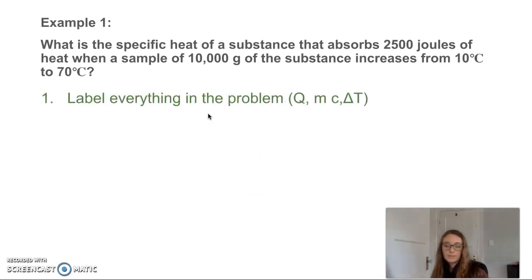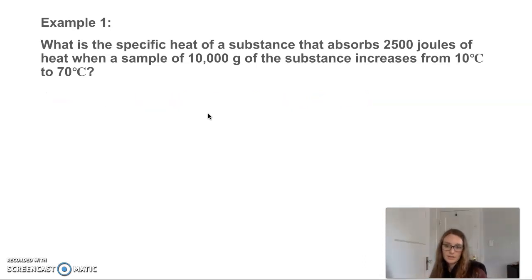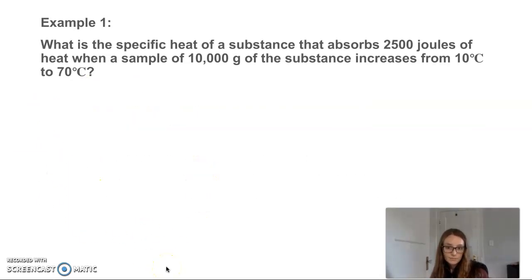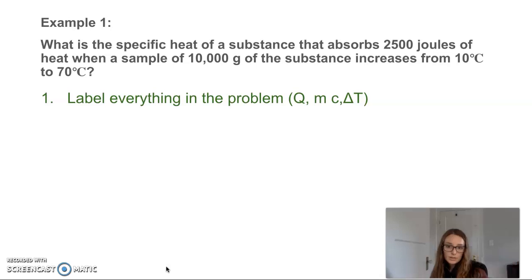So our first question is, what is the specific heat of a substance that absorbs 2,500 joules of heat when a sample of 10,000 grams of the substance increases from 10 degrees Celsius to 70 degrees Celsius? Well, first we wanted to make sure we had all of those steps written down. Next, we are going to label everything in our problem.